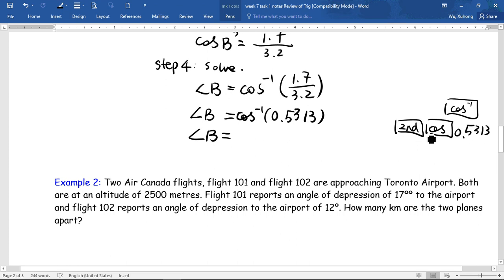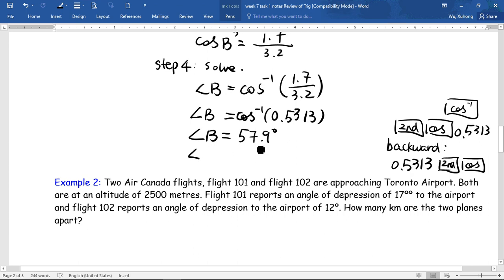This is for a normal calculator. If your calculator is a backward calculator, then you are going to type in 0.5313, then second cosine. It will give you the answer for the angle, which is 57.9 degrees. Okay, then because the given values, we are going to keep one decimal.